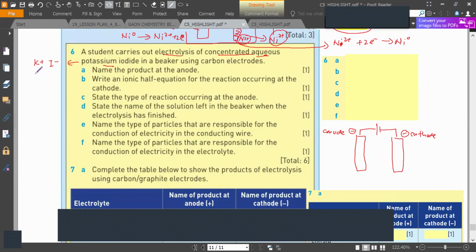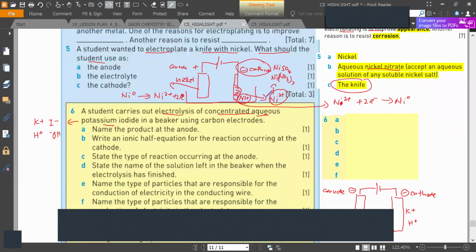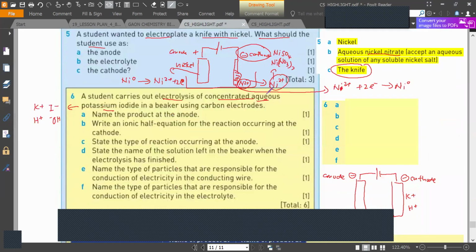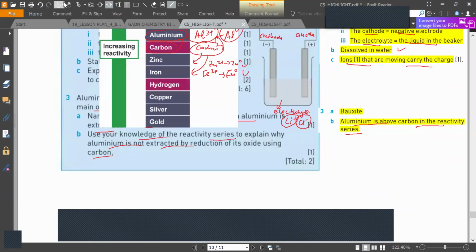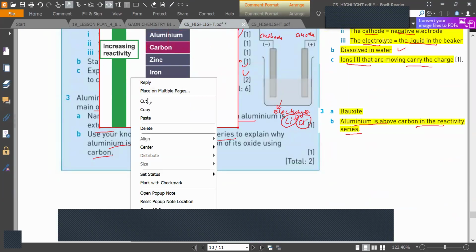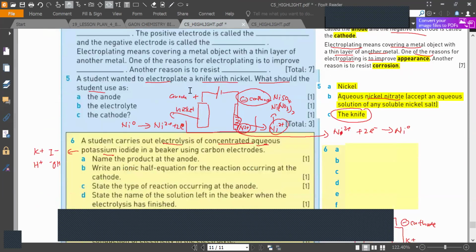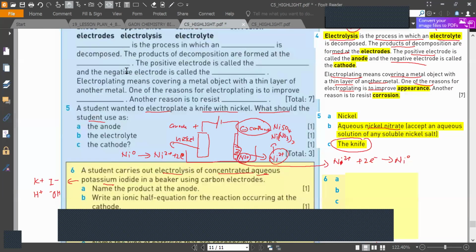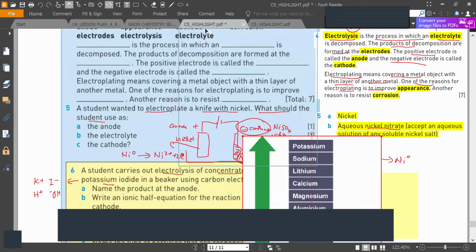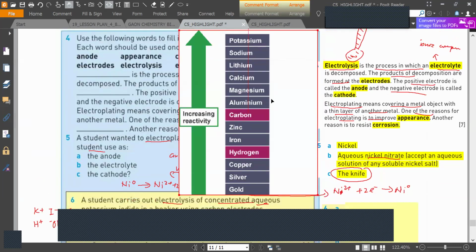In the concentrated aqueous solution, we will also have hydrogen ion and hydroxide. The cathode will attract potassium and hydrogen. So let's take a look at the reactivity series.